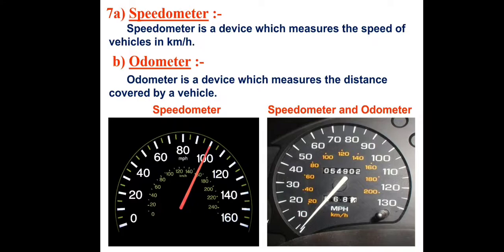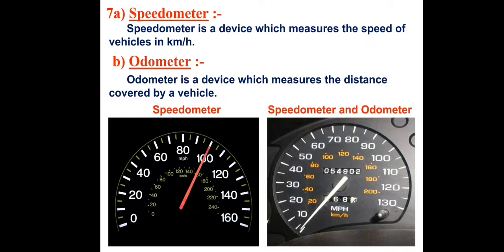And you know that speed is measured in kilometer per hour. That is why its unit is kilometer per hour. So on your screen you can see 0, 20, 40, 80, 100, 120, 140, 160. This is speedometer and it tells the speed of the vehicle.